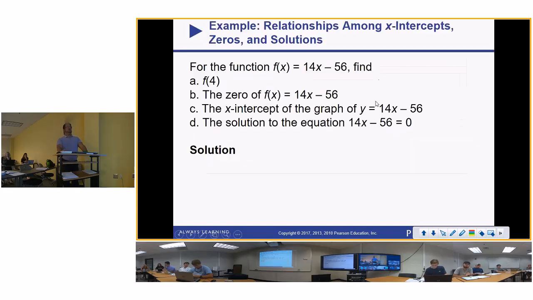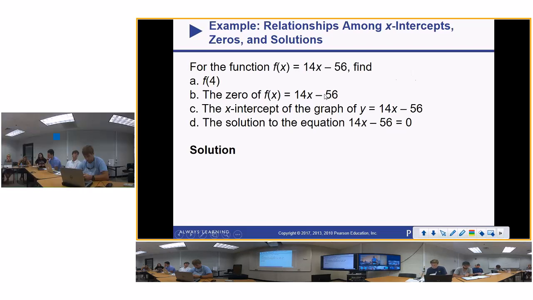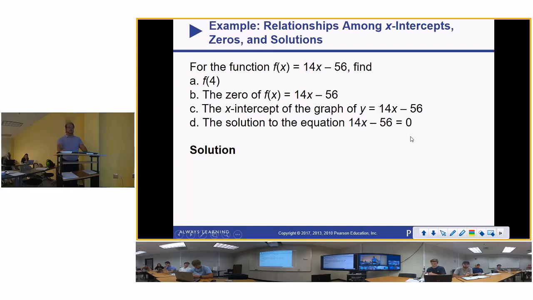X-intercept. Okay, this is just a play on words. All right. The only thing I'm concerned with, A is okay, C is okay. The solution to the equation, well, D is the same thing as C. So D and C, this is just, I'm going to show you how to find the x-intercepts.